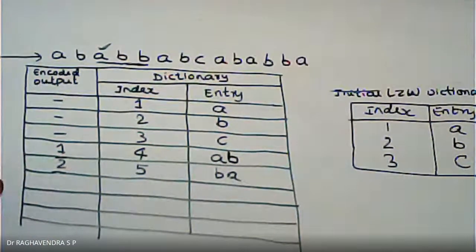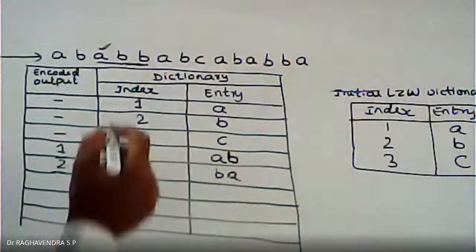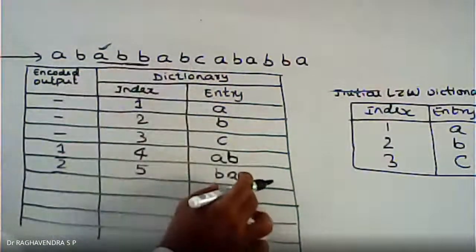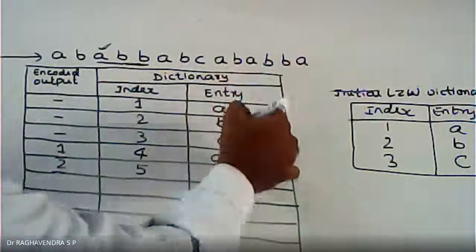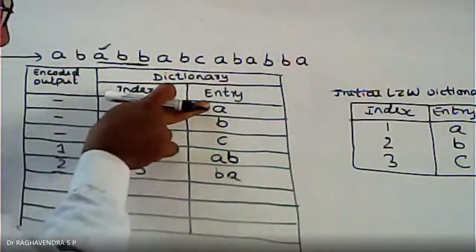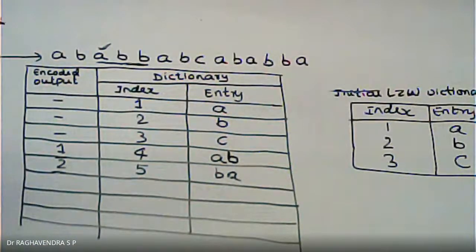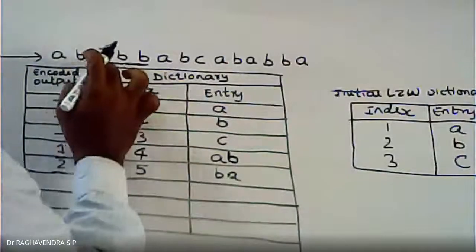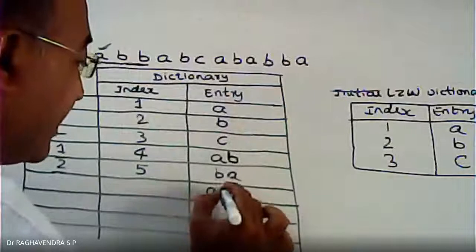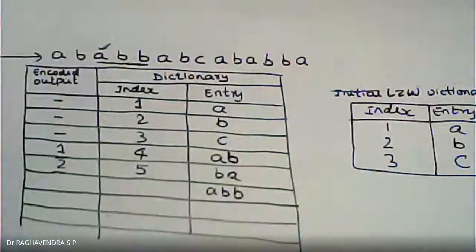Dear students, check the entries whether ABB is present. No. So it means I can insert ABB here.